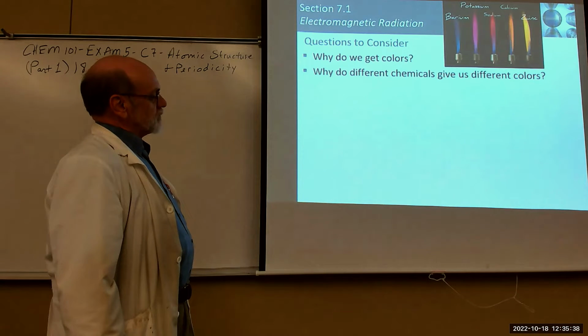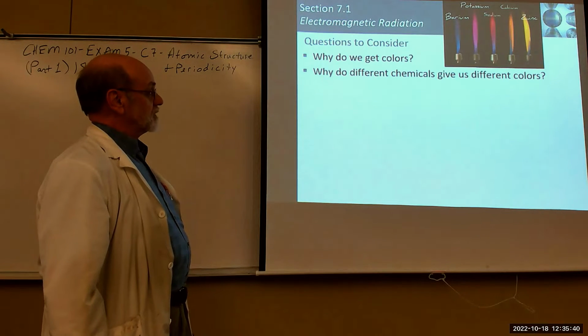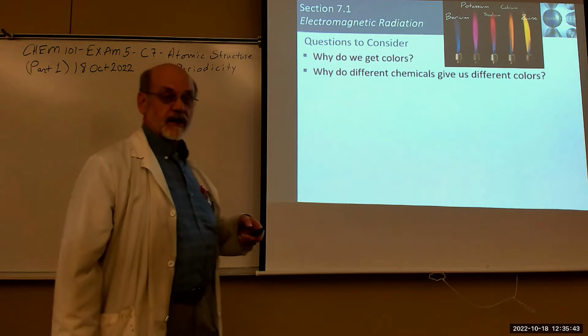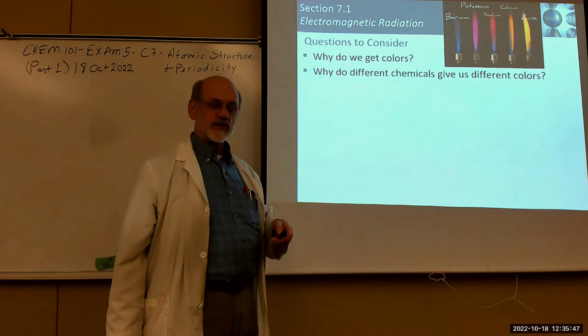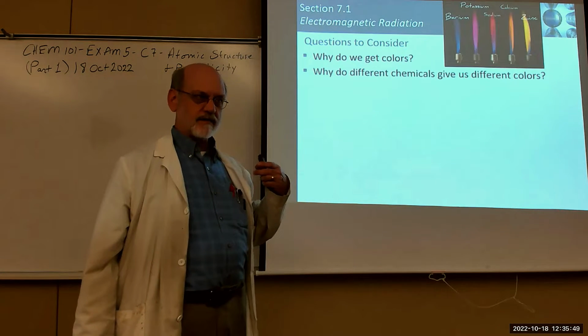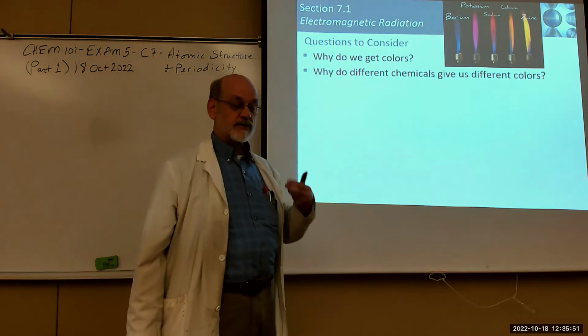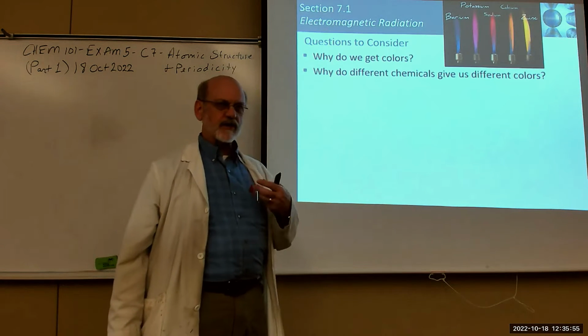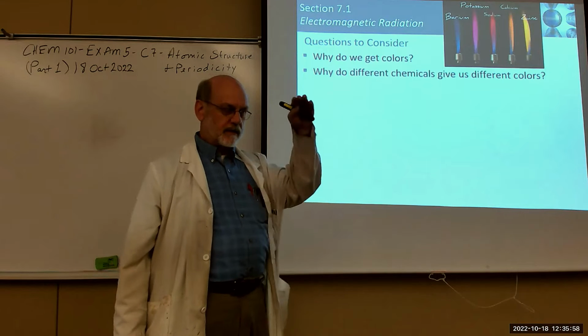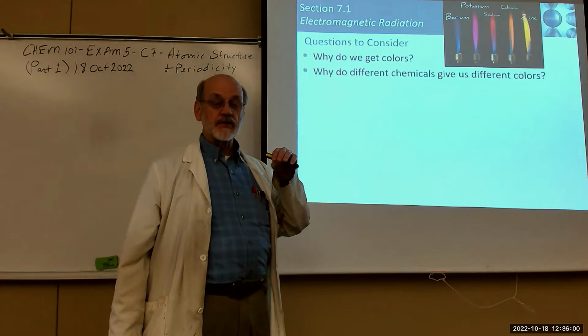So the question for us is, why do these different elements give us different colors? Actually, there are a number of ways that you can get colors out of not just elements, but different compounds. And it all has to do with how the electrons move in relationship to the nucleus.